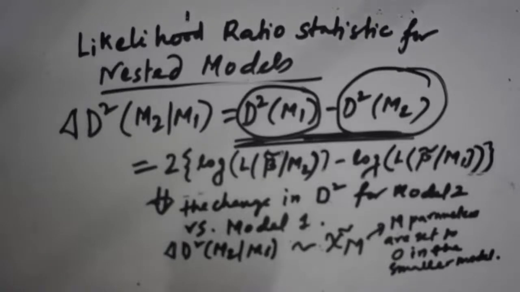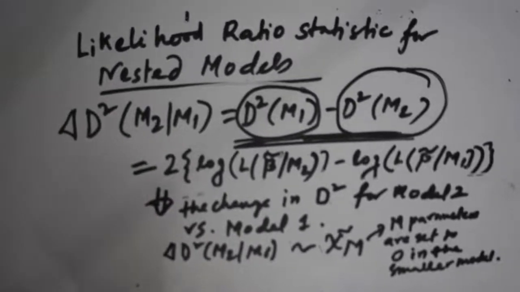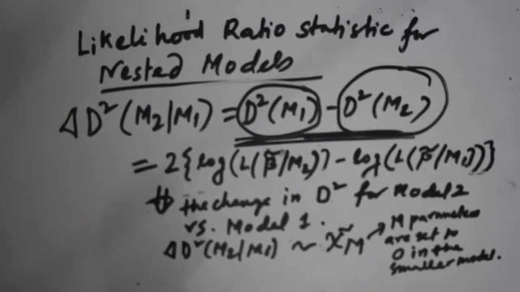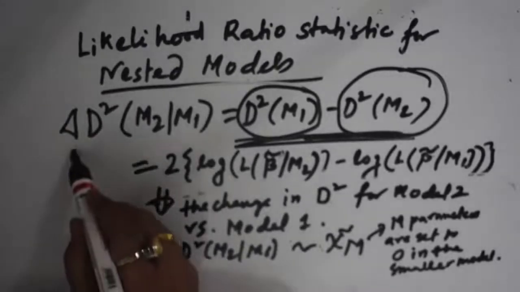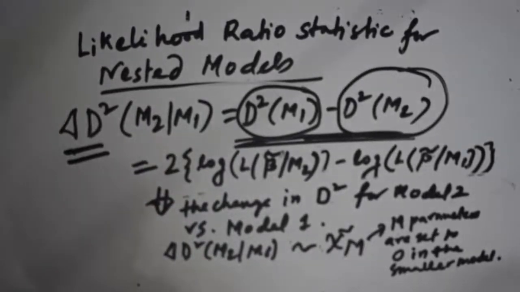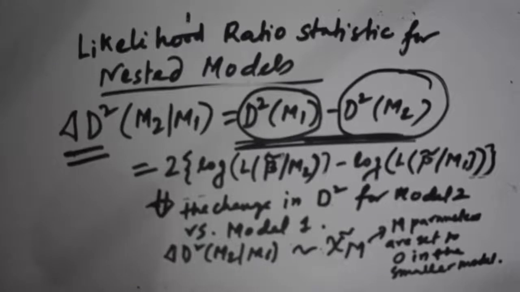We note that even though we need binomial data, that is ni to be large, for D squared to be approximately chi square, the same is not true for delta D squared. Next, each individual in the study could have a different xi.